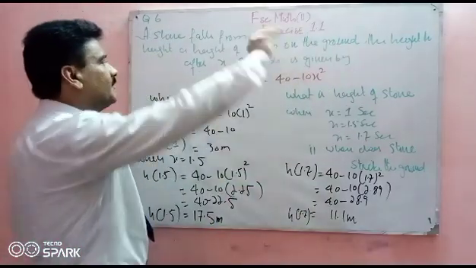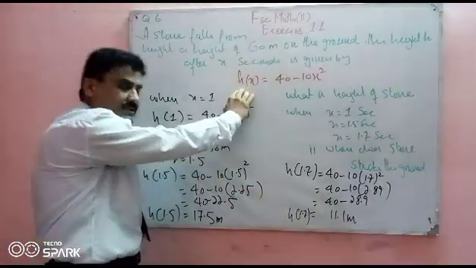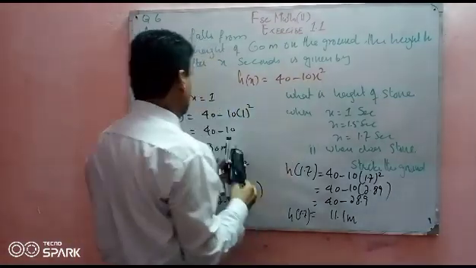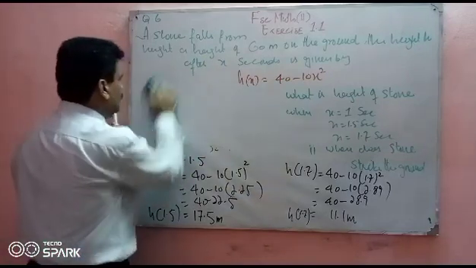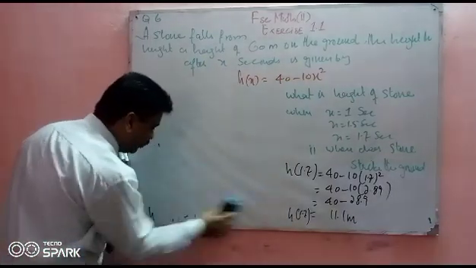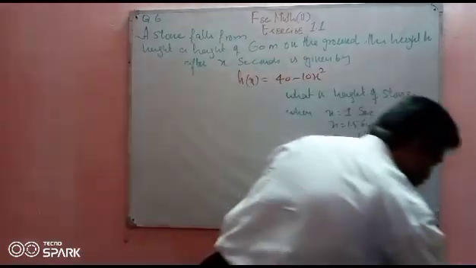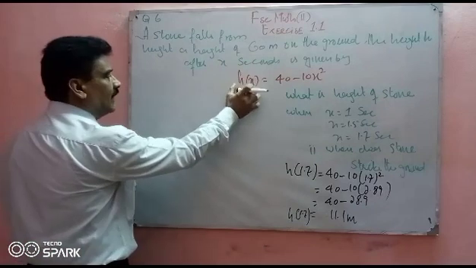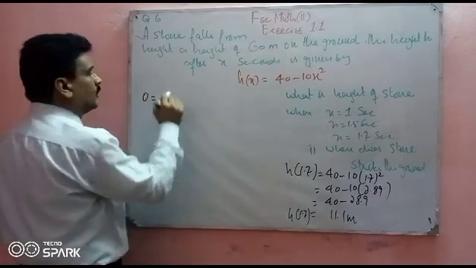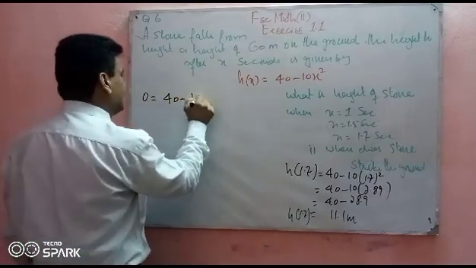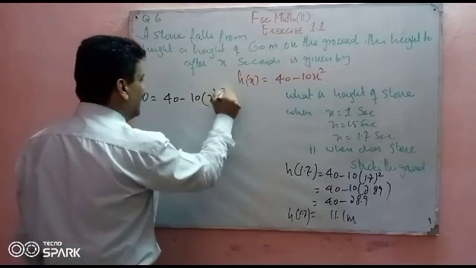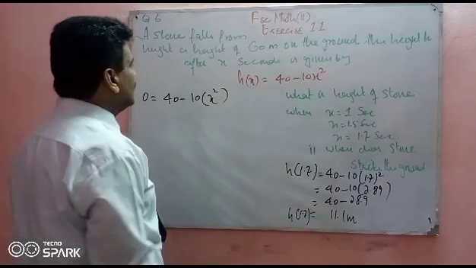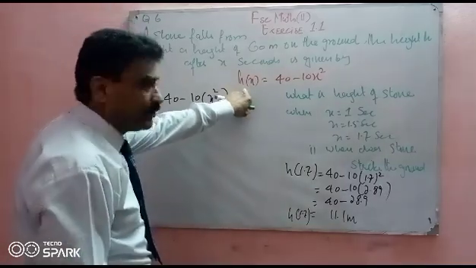So we put the height equal to 0 to find the time when the stone strikes the ground. We get 0 = 40 - 10x². Why do we put the height equal to 0?